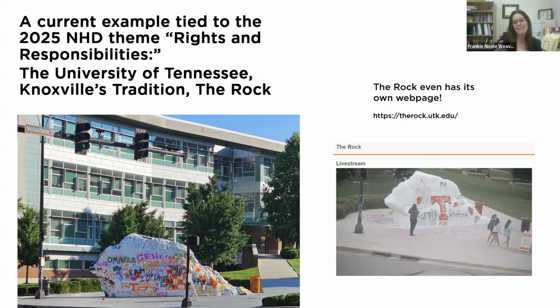And I think that this ties to this topic of rights and responsibilities really well, because you have the ability and the right to paint the rock, and then at the same time, you want to know that whatever you put on the rock is going to be seen. And so you probably want to be responsible in what you want to put on there.